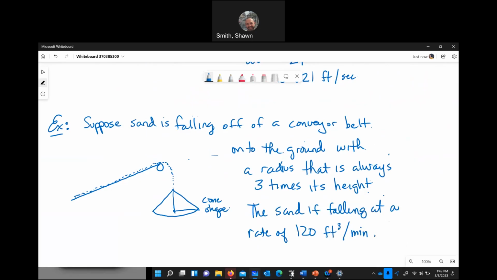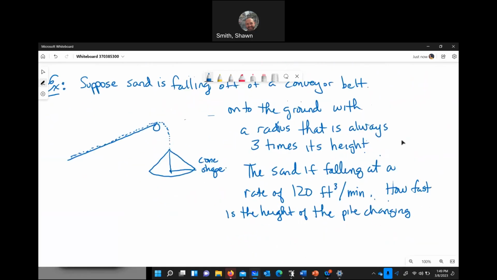How fast is the height of the sand pile changing when it's 10 feet high? Exactly when it gets to 10 feet, measure that rate, and you'll see what's happening.